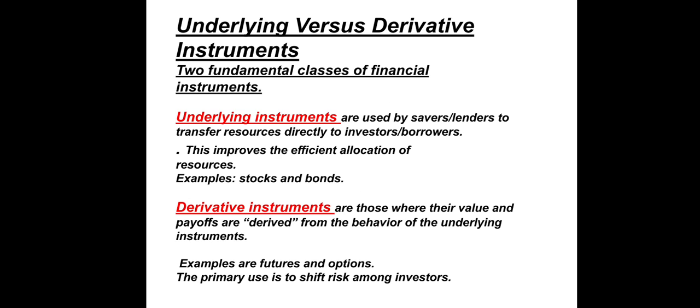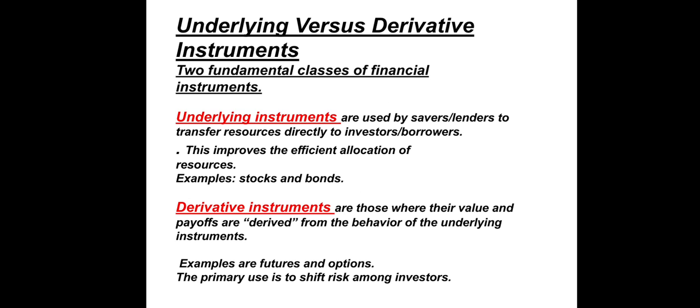Means here the savers and lenders can transfer resources directly to the borrowers or investors. This improves the efficient allocation of resources. For example, stocks and bonds.